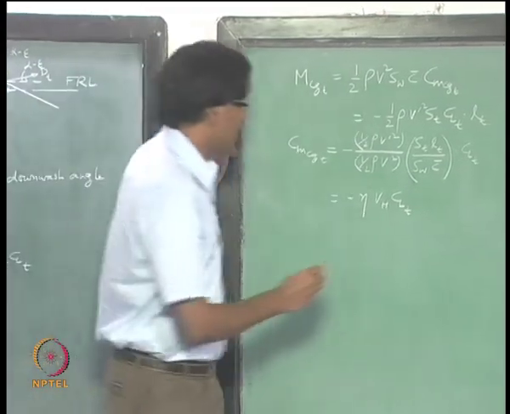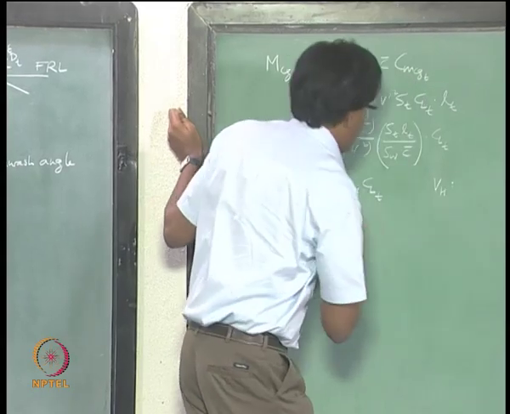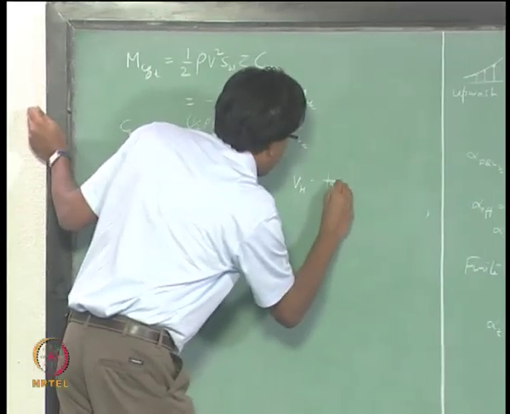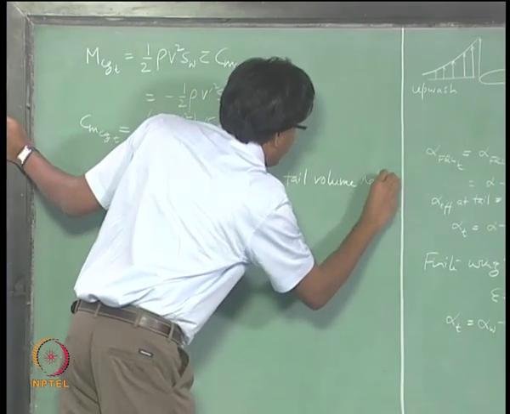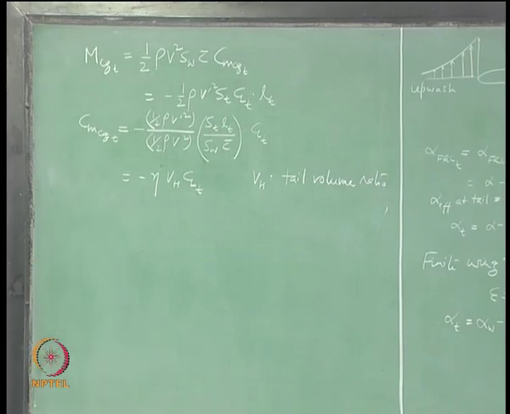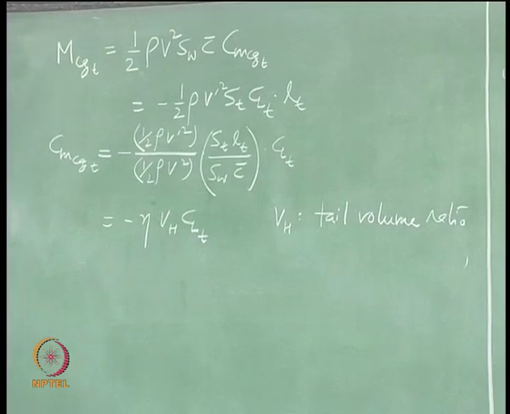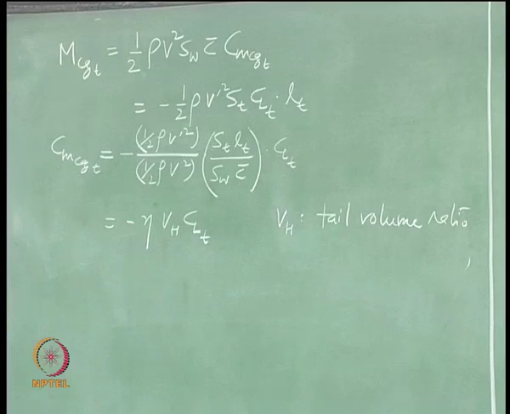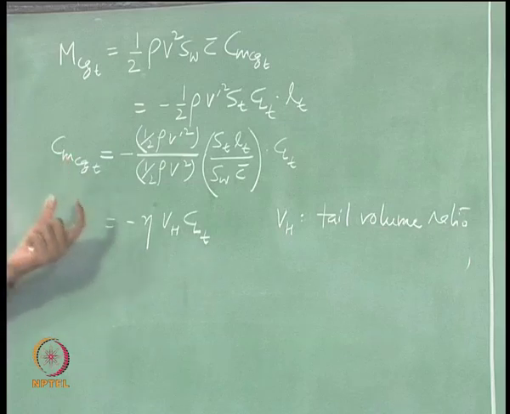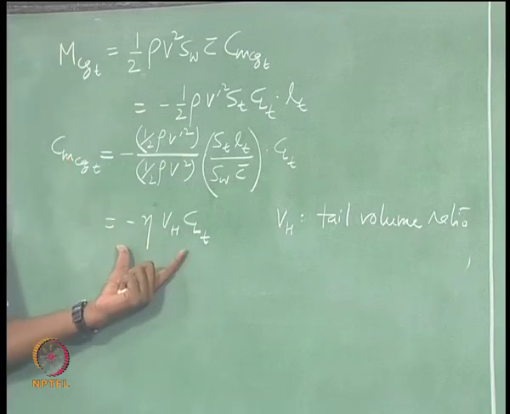Right. This V_H is called the tail volume ratio, right. What do you want to find? You want to find out Cm naught due to tail, right, and Cm alpha due to tail, right. Finally, we have arrived at an expression for the Cm Cg due to tail, and that is equal to this, right.